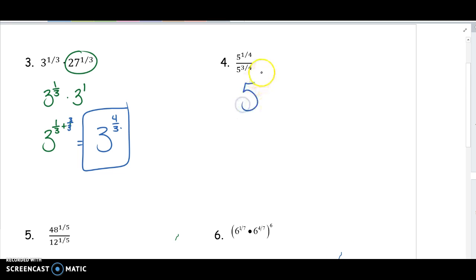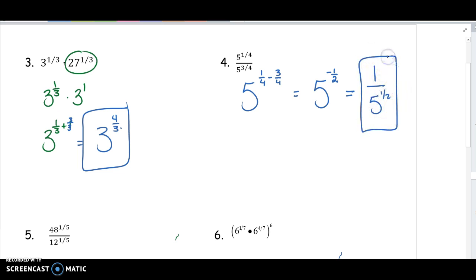So we subtract the exponents. 1/4 minus 3/4. Your calculator will tell you that that is 5 to the negative 1/2. Do you suppose that we can leave our answer with a negative exponent? No, definitely not. So this is 1 over 5 to the positive 1/2. We can't do the square root of 5, so it's done.